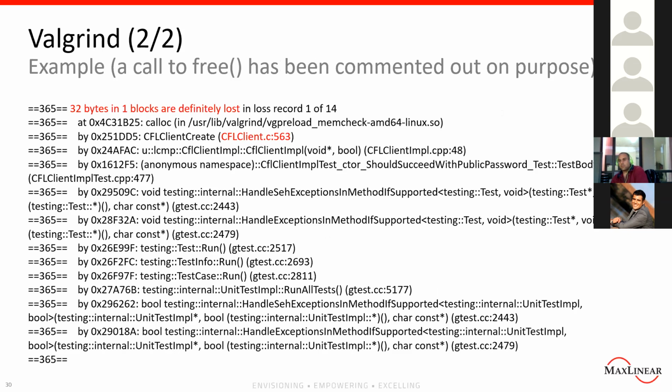And what we have is a stack trace of our code from the moment that that memory was allocated. We can see the file and the line number where that memory was allocated but not deallocated. And that way we can go to the problem and fix it.